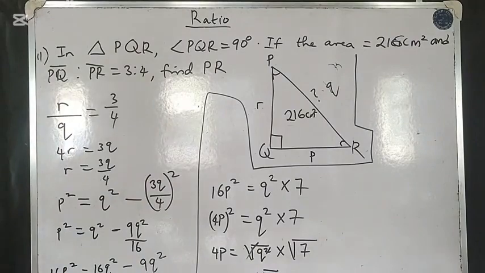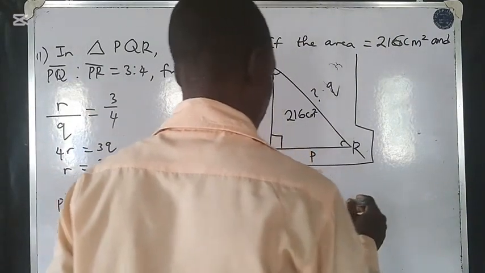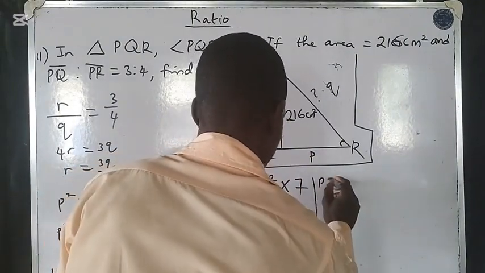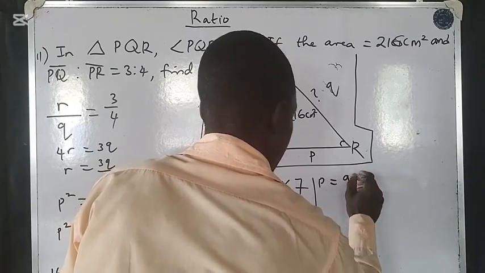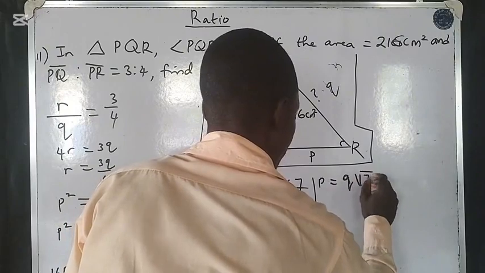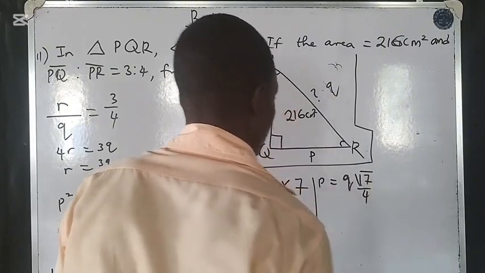This is what we are left with. Now let's divide both sides by 4. When we divide both sides by 4, we are going to have P equals q root 7 over 4.